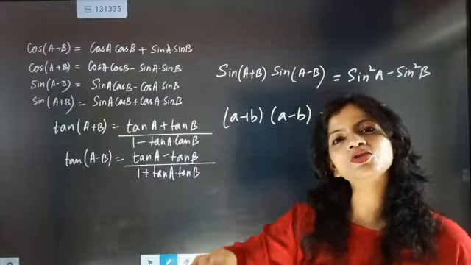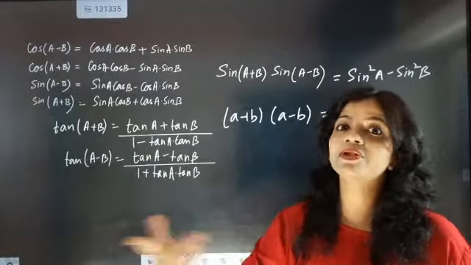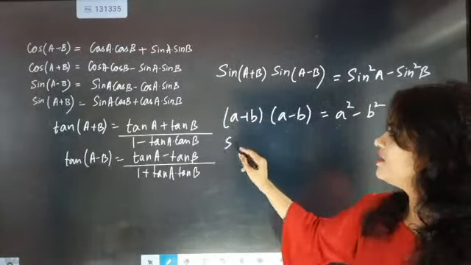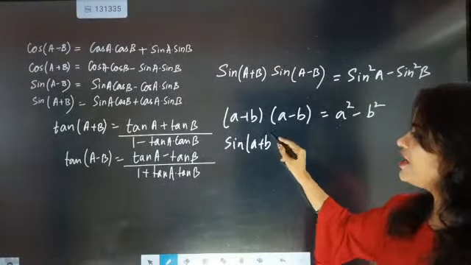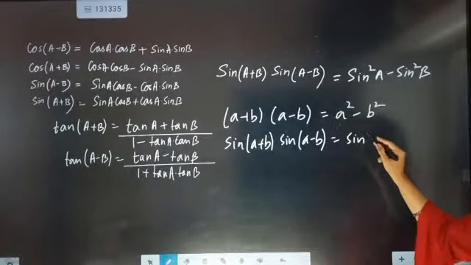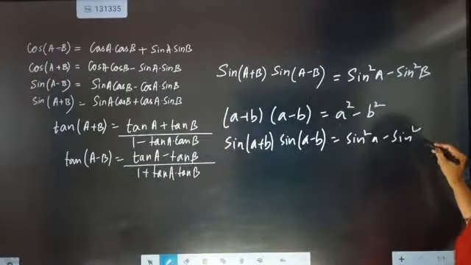So we know that A square minus B square is (A plus B) into (A minus B). Now just apply sine. It will become sin(A+B) sin(A-B) equal to sin square A minus sin square B. Story over.